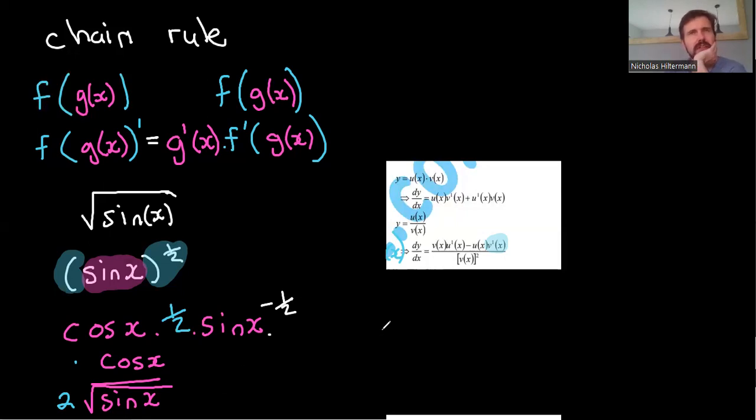I'll do a slightly less complicated one. Something like this. So this is something more like what you would see. I should have started with this one. Let's say you have x squared plus 1 cubed. Now I ask you to find the derivative of this. So if they say f is equal to that, what is f dash?